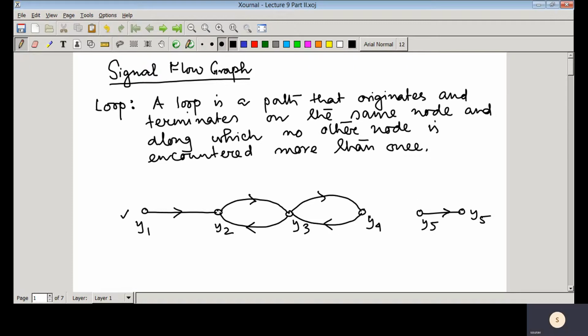Whenever you draw a signal flow graph, do not forget to mention the arrow, because the arrow indicates the flow of signal.